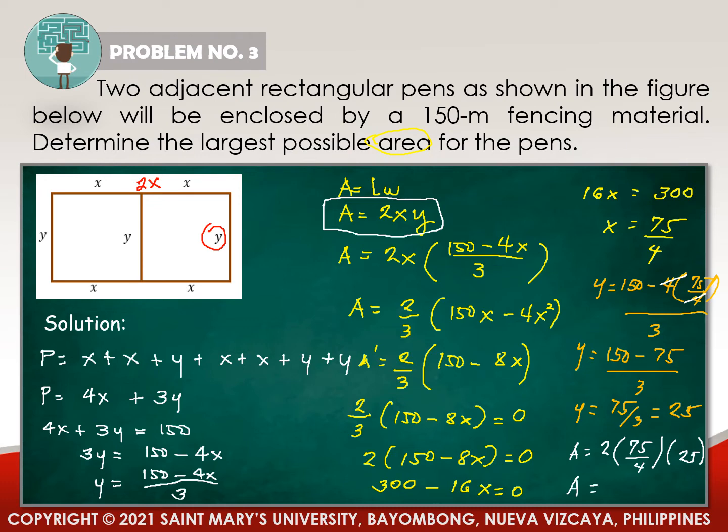And the result is equal to 1,875 all over 2, or approximately 937.5 meters squared. So, 937.5. So, yan yung ating answer. Yan yung largest possible area given do sa situation sa problem natin.